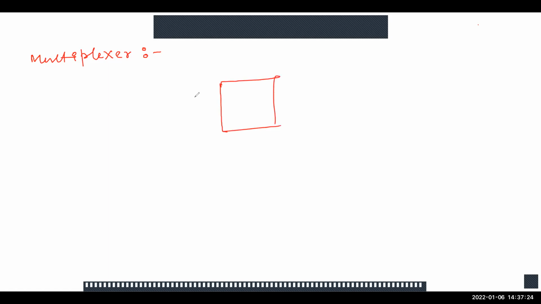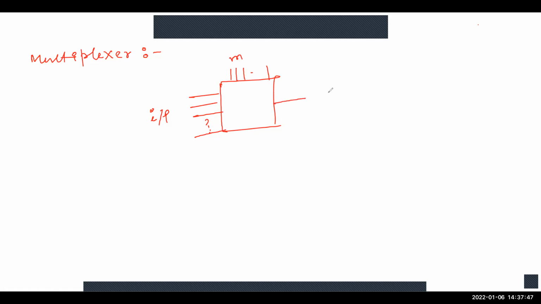Suppose this is the input signal, and this is the select line or select signal, suppose this is M, and one output. Always remember, for the MUX, one output.